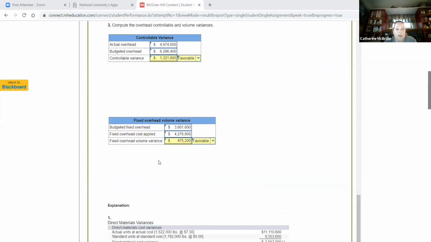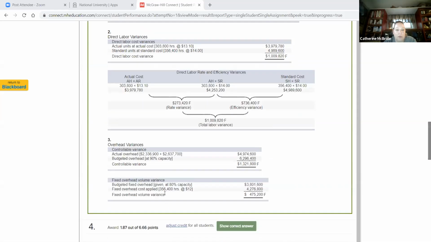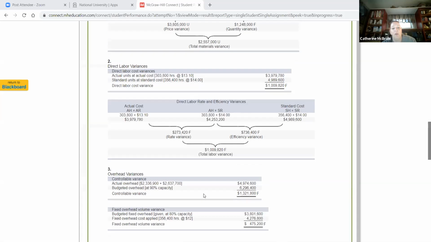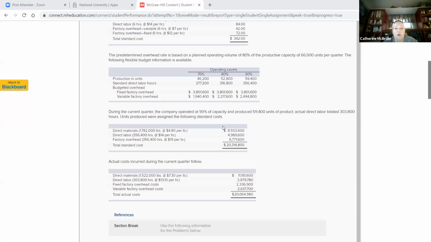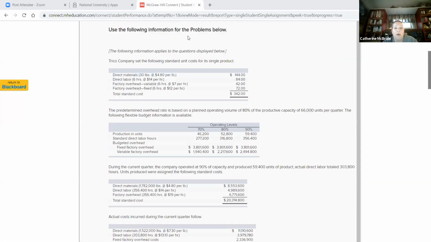So we're going up here to our budget for fixed overhead, and we're saying we based our budget on 80%. So our fixed overhead is going to be this amount because we based our budget on 80%. And that's our budget, which we already calculated as $3,801,600.